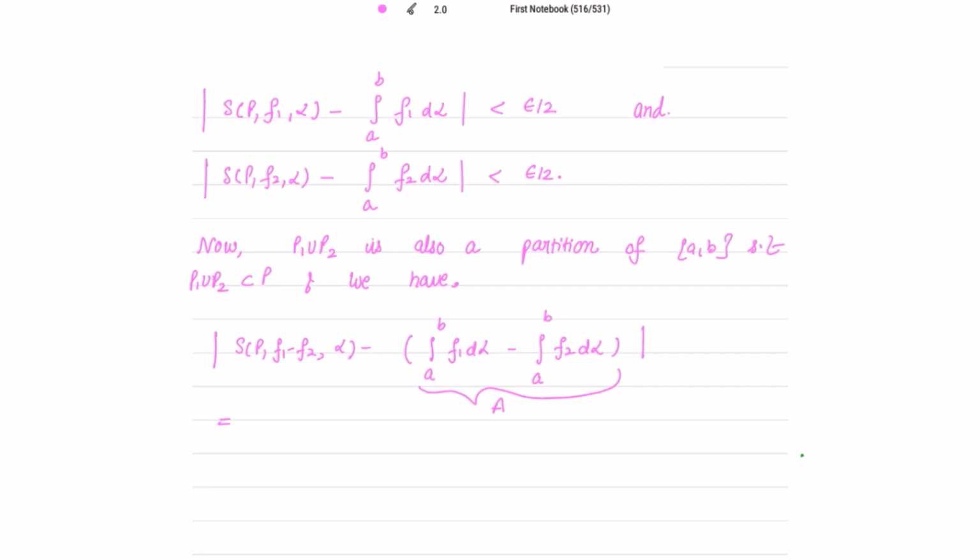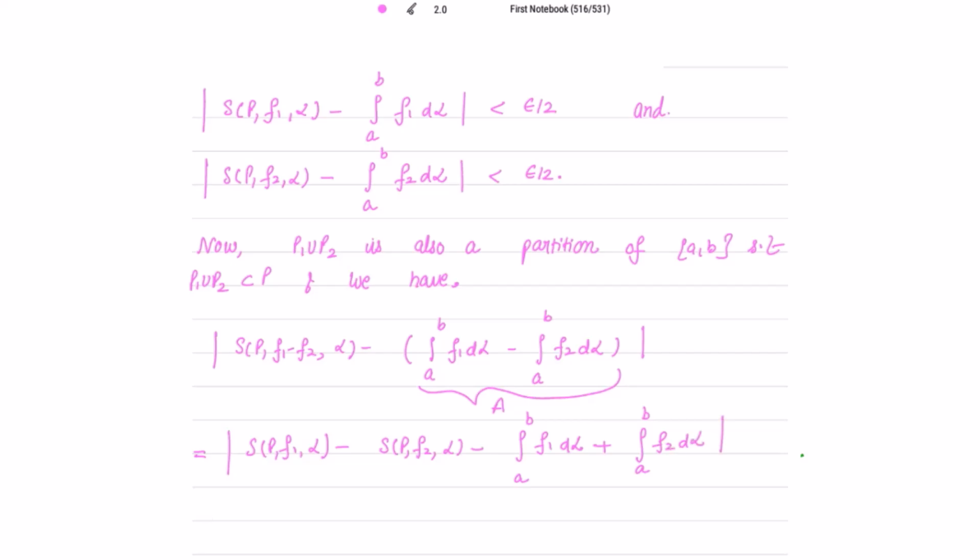Okay, so let's solve this. This is equal to the modulus of S(P, f1, α) minus S(P, f2, α), minus the integral from a to b of f1 dα plus the integral from a to b of f2 dα.